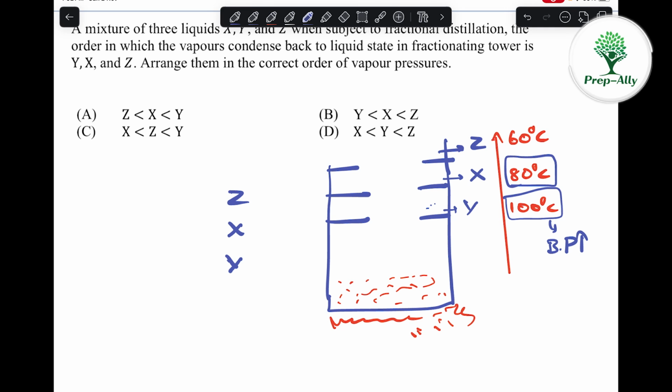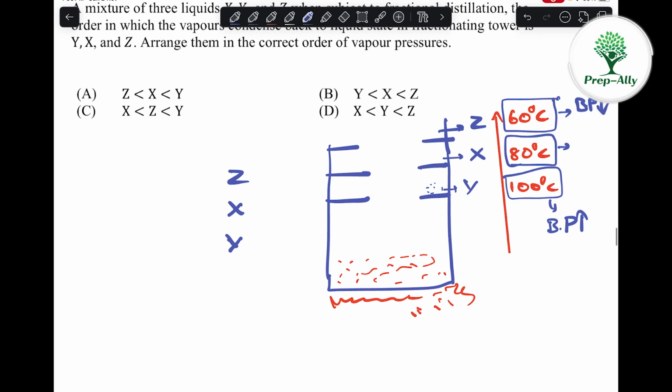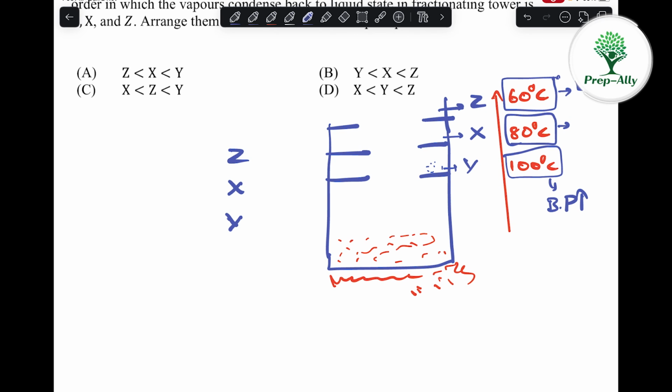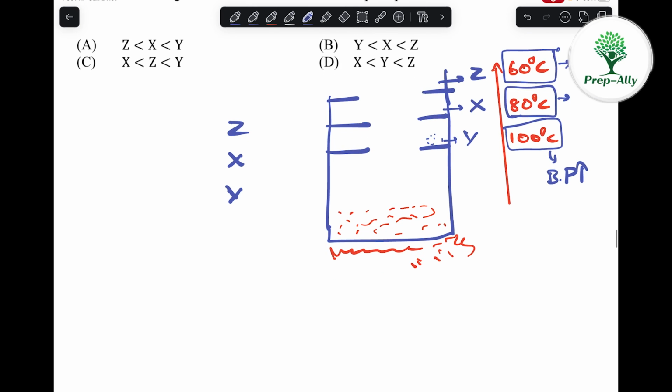So more Y will be here, and then 80, and then 60. So I can say the lower boiling point will condense a little bit late and less, while the higher boiling point will condense faster. So the boiling point order is Y is going to have a higher boiling point than X than Z.